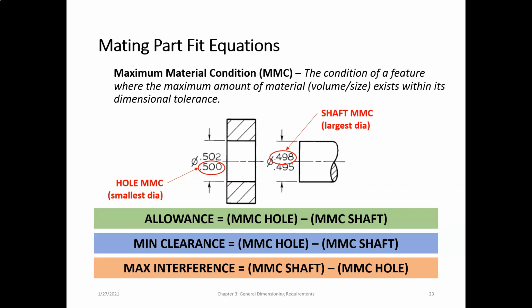The maximum material condition, MMC, is the condition of a feature where the maximum amount of material exists within its dimensional tolerance. So for a hole, the MMC size of a hole is the minimum diameter. Why? Because that results in the most material surrounding the hole. For a pin or shaft, the MMC size is its maximum diameter, because obviously that's the largest amount of volume for that pin or shaft.